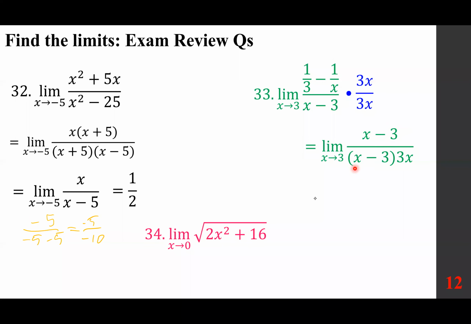You drop the common factor of x minus 3. You get 1 over 3x. The limit as x approaches 3 of 1 over 3x, when you plug in, is 1 over 9.